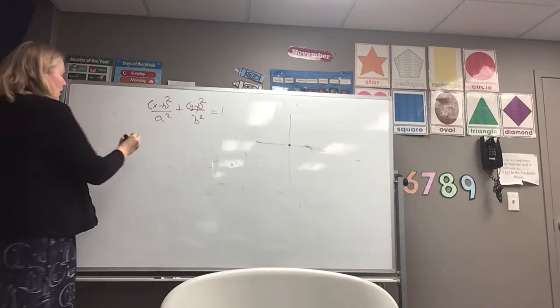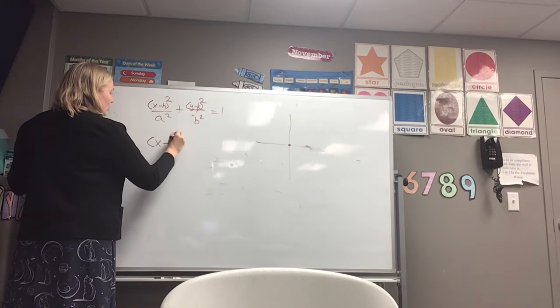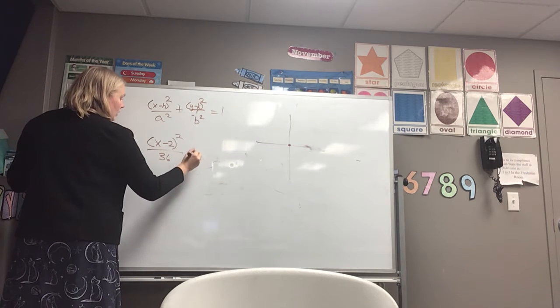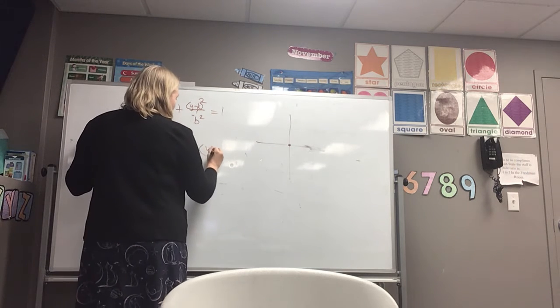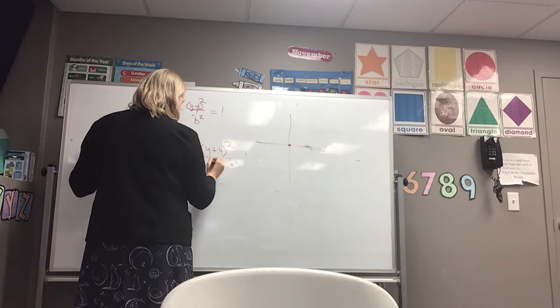So if I have x minus 2 squared over 36 plus y plus 4 squared over 49.